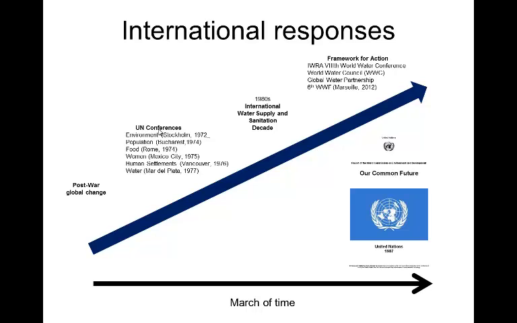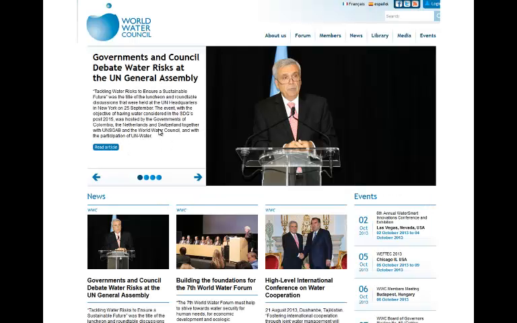Now, along the way, there was a lot of emphasis on sustainability, and you see the report called Our Common Future, which is called the Brundtland Commission Report, 1987. That defines what is meant by sustainability. That is, preserving the options for the future so that resources will still be there for them.